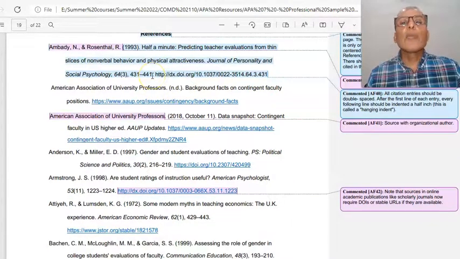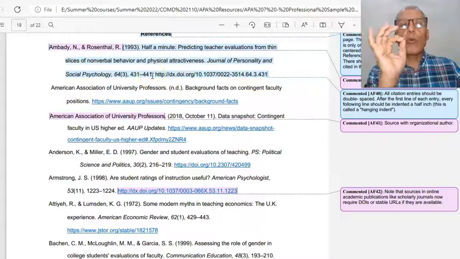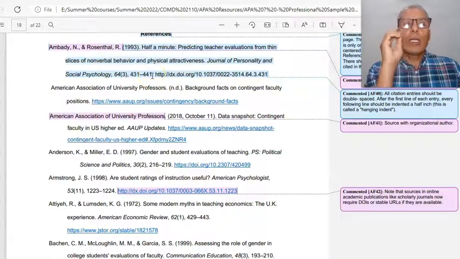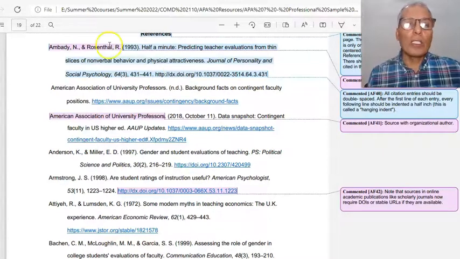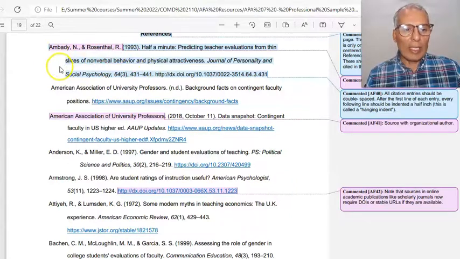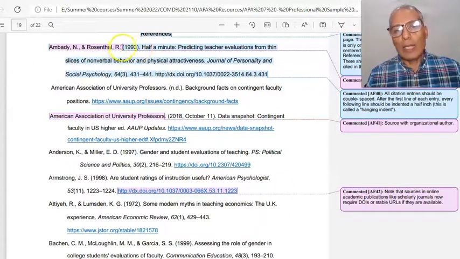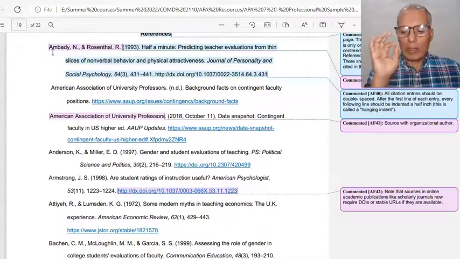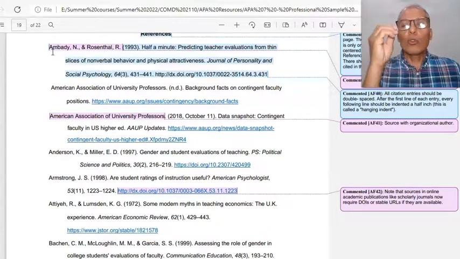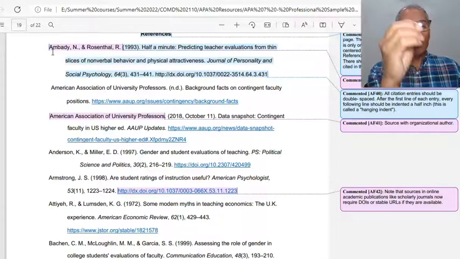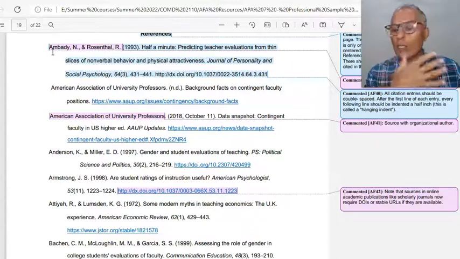There is a specific, particular way of writing a reference and formatting it, and in a system you have to follow this exactly as it is. You have examples, and grading your work is going to be mechanical. Do you have this? Do you not have that? And there is no surprise.